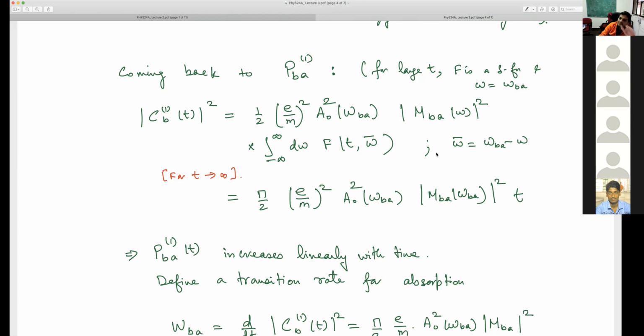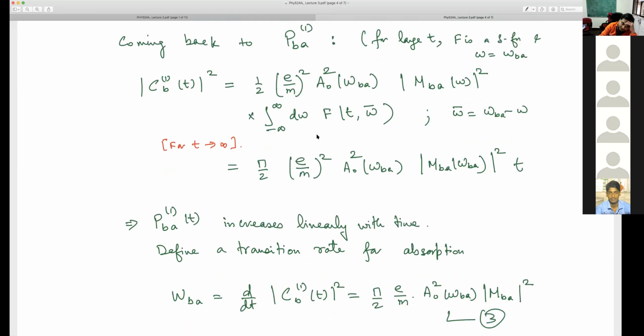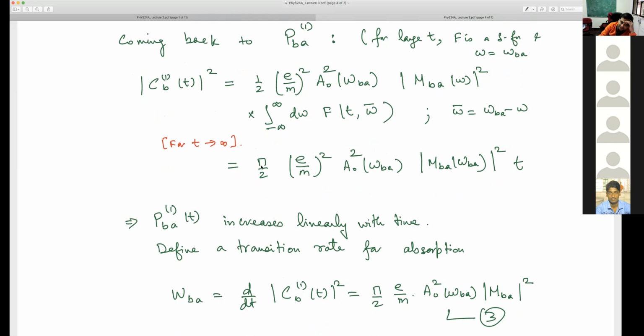The pi came from the f integral being pi t, so pi and t are here, and the rest of the terms are just this basically. So that's the simplest form in which I can write this probability of transition from A to B, where A and B are connected by h omega: pi by 2 (e by m) whole square A_0 square omega_BA times the optical matrix element squared times t.